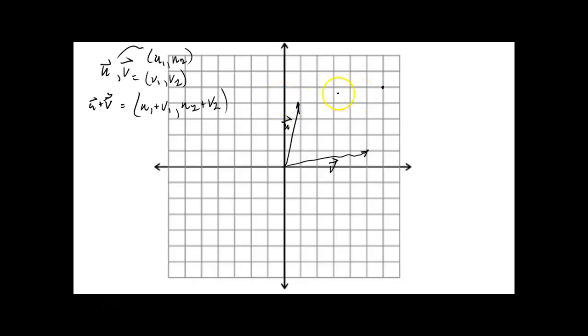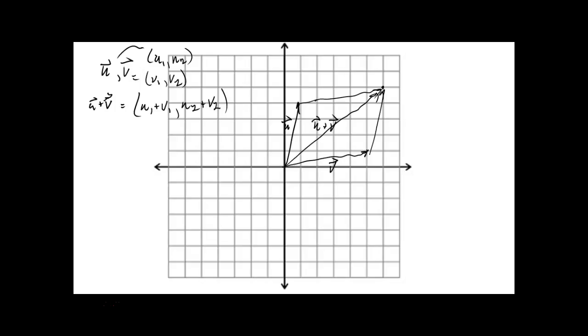I've already done that. This would be the sum of those two vectors. Would be this vector here. This is u plus v. I drew some others in there because this is vector u, this is vector v.